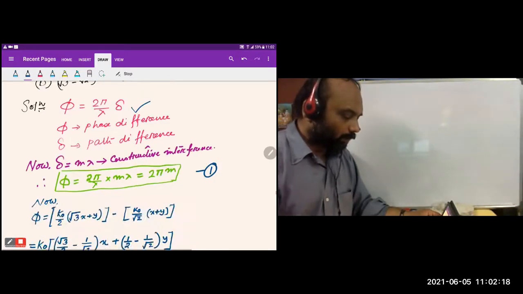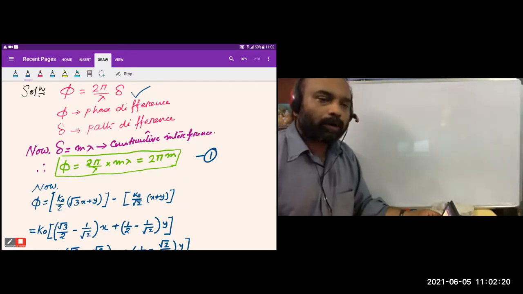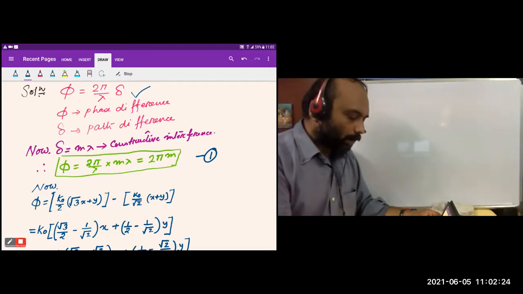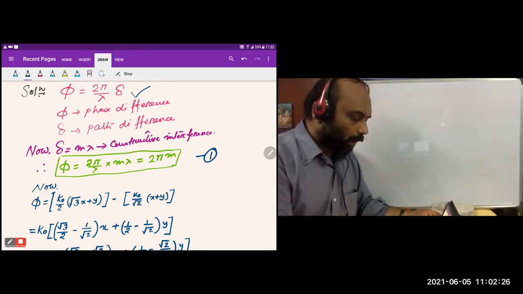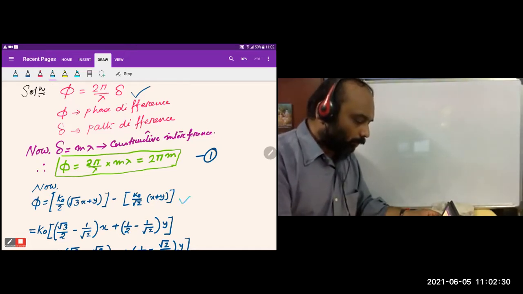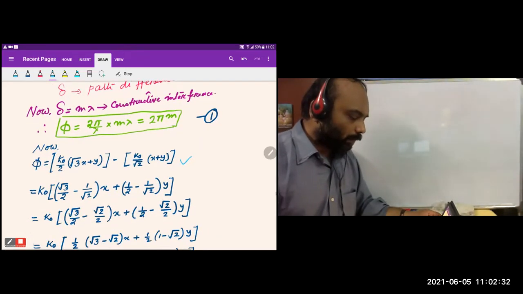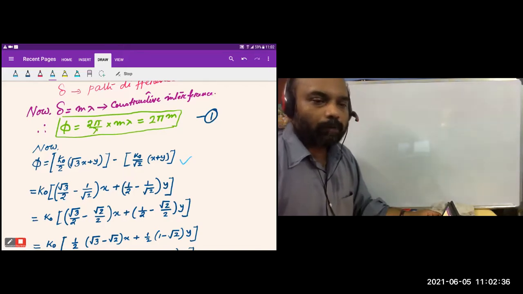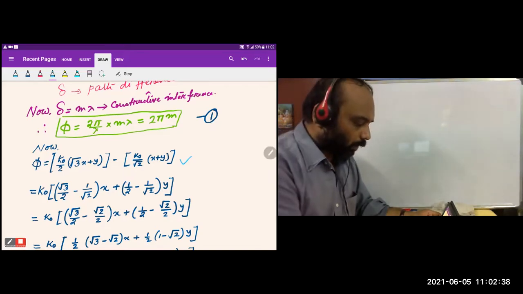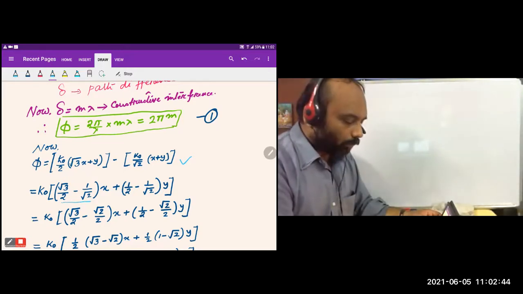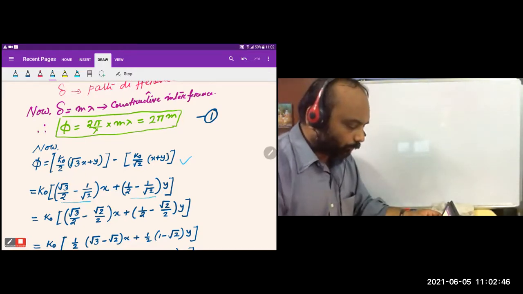So we take the difference: k0 by 2 root 3 x plus y minus k0 by root 2 x plus y, which is equal to k0, taking x common, we have root 3 by 2 minus 1 by root 2, and then taking y common, plus 1 by 2 minus 1 by root 2.